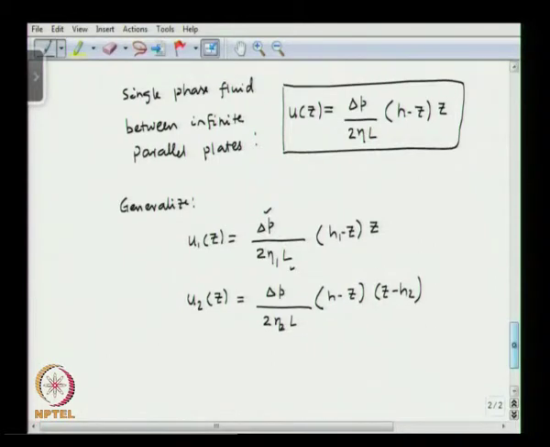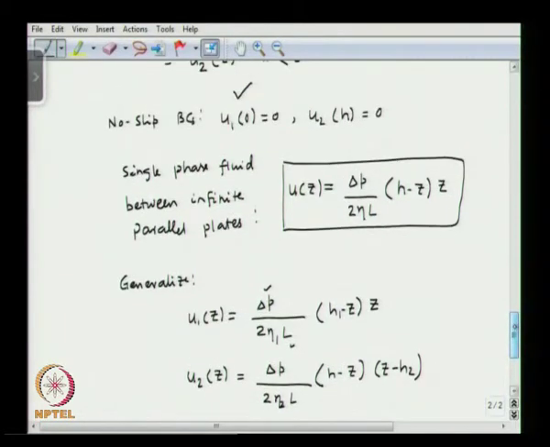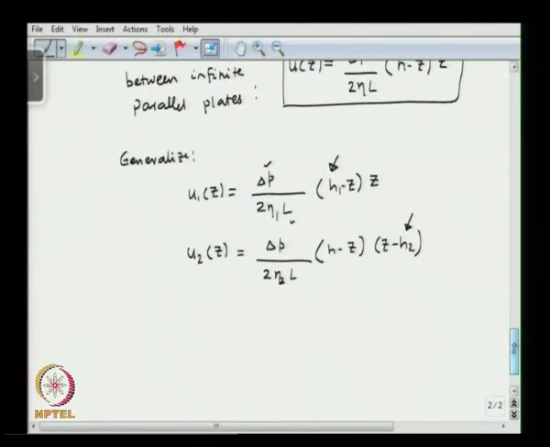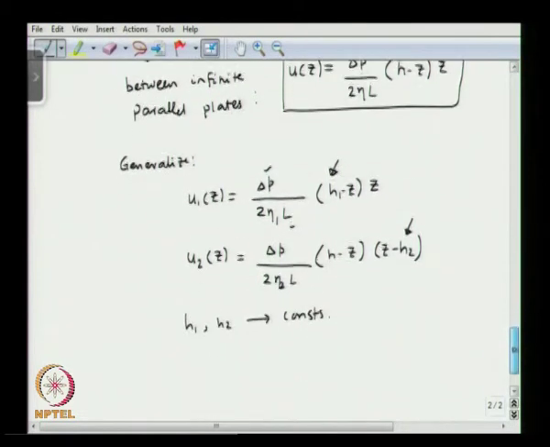This will also satisfy the boundary condition u2 at h equal to 0. Now you can see there are two constants we have introduced, h1 and h2, and these constants could be determined using the boundary conditions.